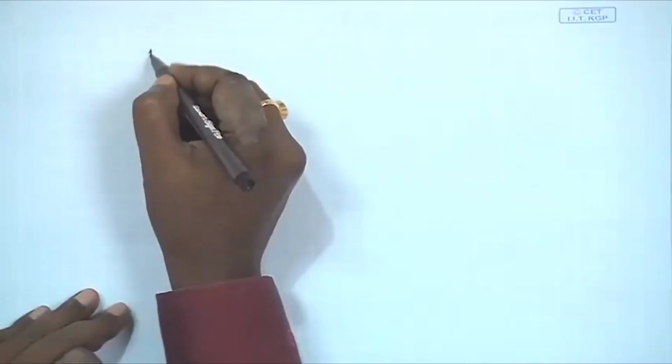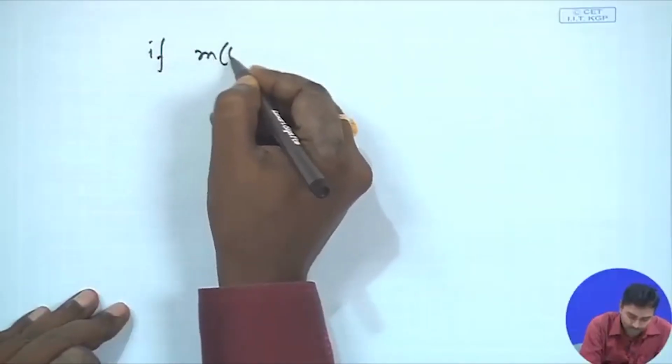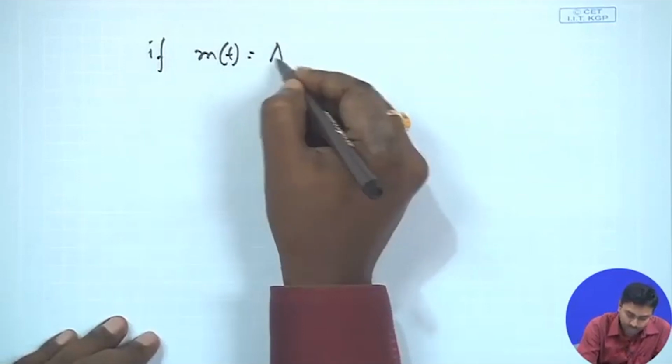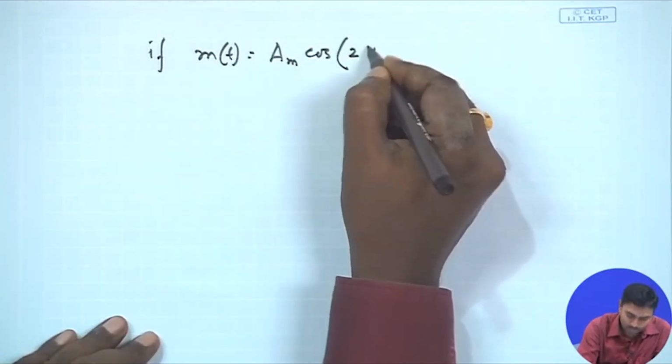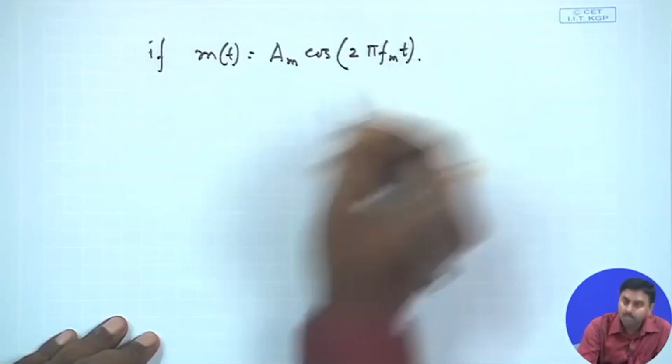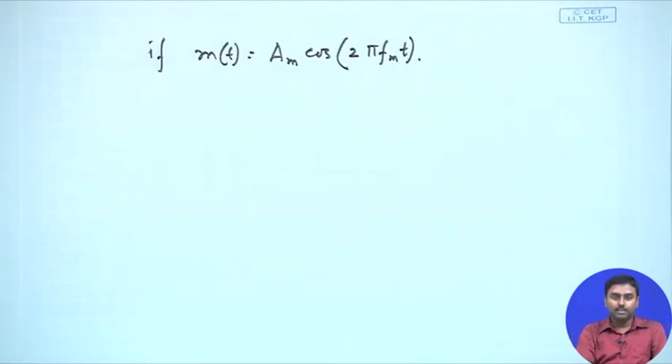So, if we take our m(t) to be some AM, just a tone modulation. Okay. So, if we just take that, m(t) is also a sinusoidal. So, basically we are modulating a slow varying sinusoidal with a faster varying sinusoidal, which we have also done for demonstration purpose, right.